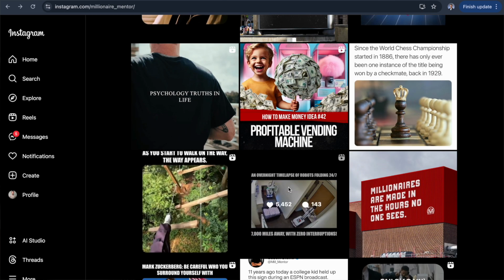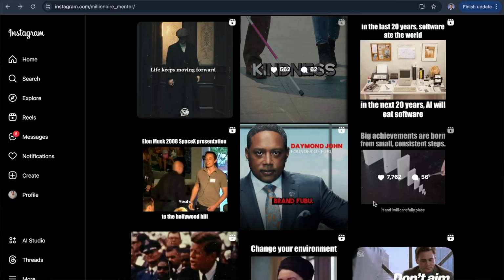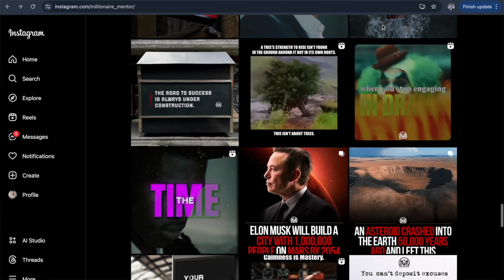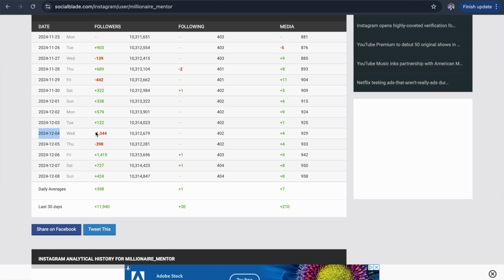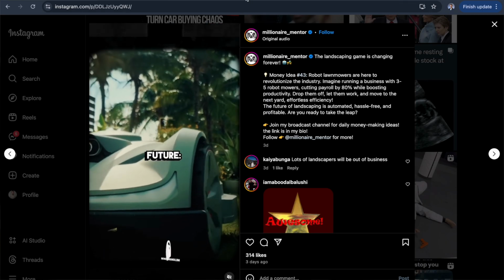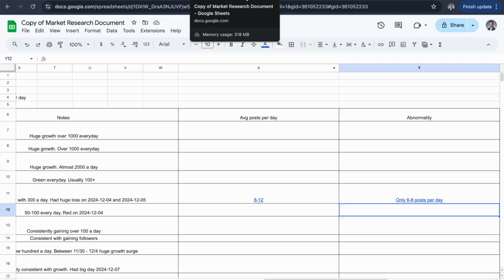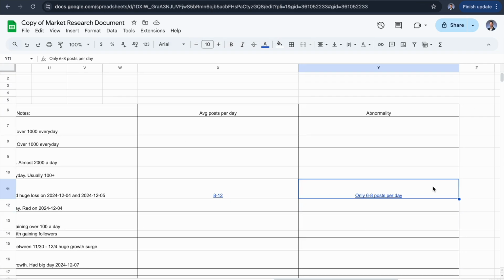So let's look for the ones with the least amount of likes and see what they have in common. I'm not really noticing any big change as to why they lost so many followers on the 4th, which is 4 days ago. Also, making money posts, like business ideas, don't seem to get a lot of likes. I'm going to note that down.